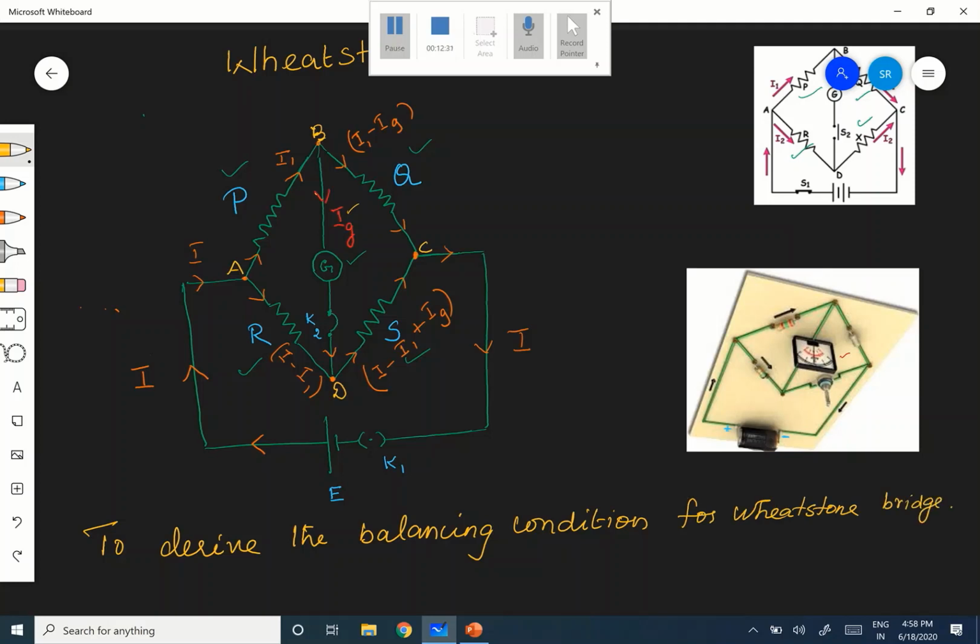In this diagram, there is a battery, and these are color-coded carbon resistors. Let this be P, this is Q, this is R and this is S.